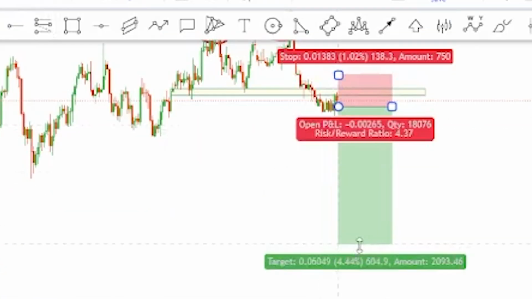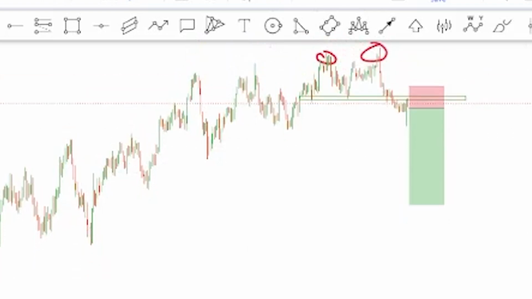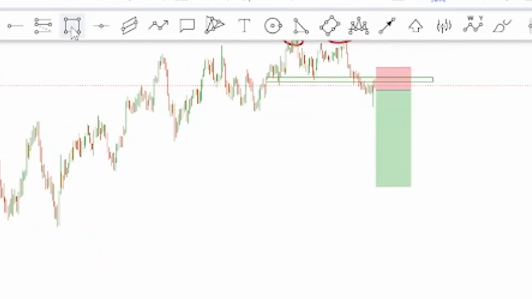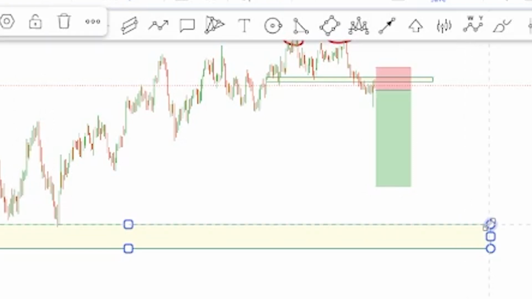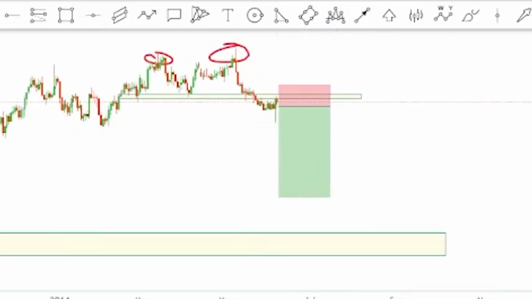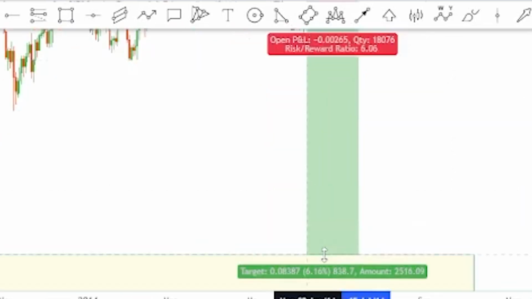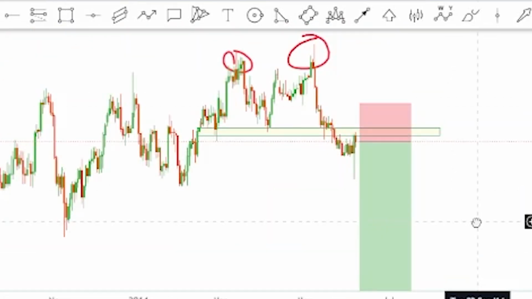Now where is going to be our target? It is the previous stronger areas of rejection. Let's say this is a very strong rejection where the market moved from by making an uptrend. This is going to be our target.